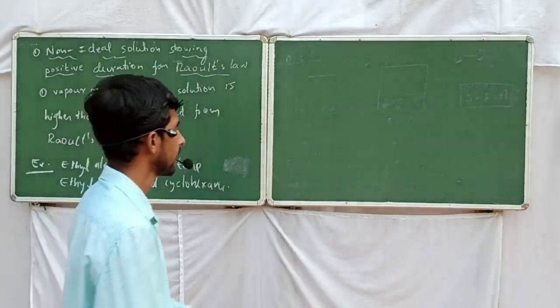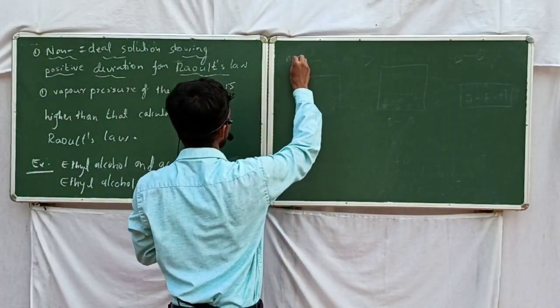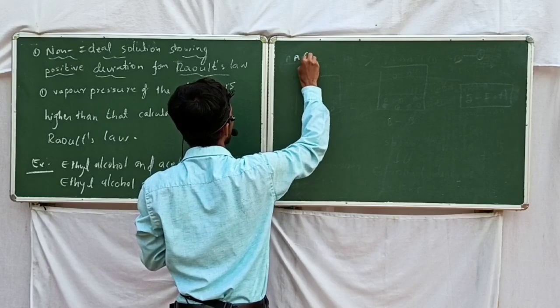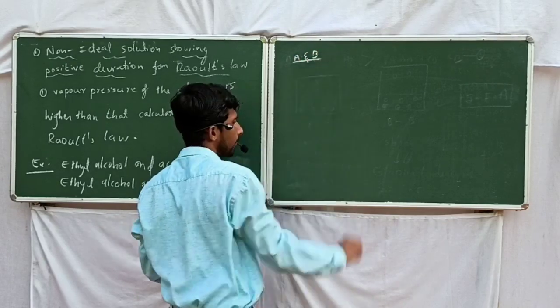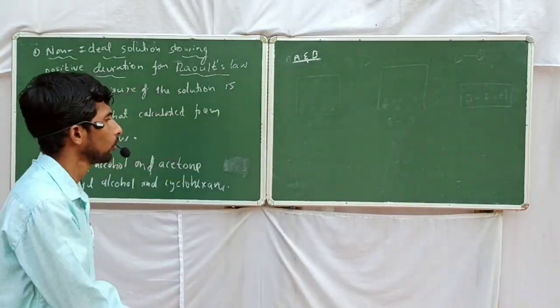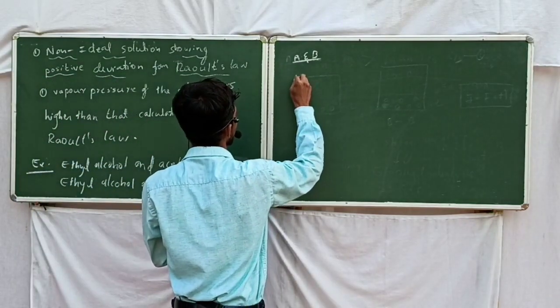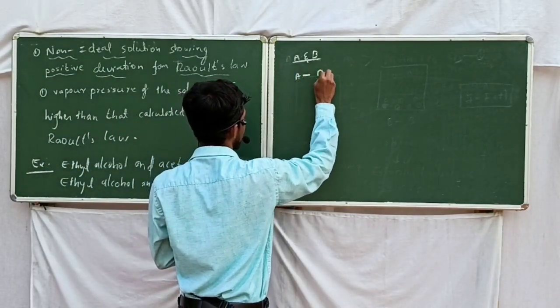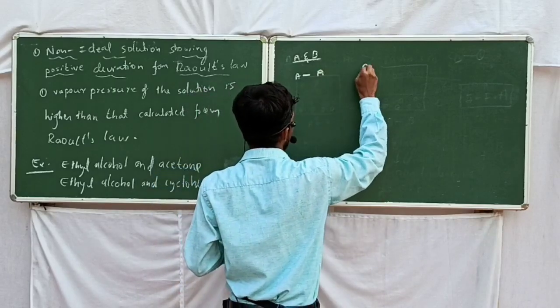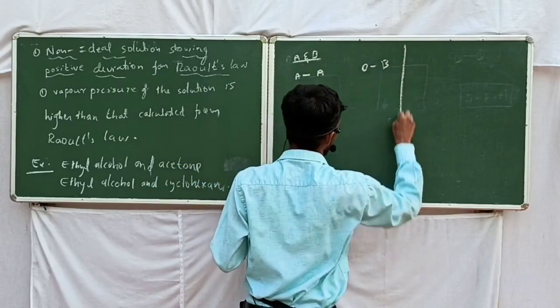Then we can consider a solution of two components A and B. Both A and B are volatile. Then between A and A, B and B, this one is before mixing.